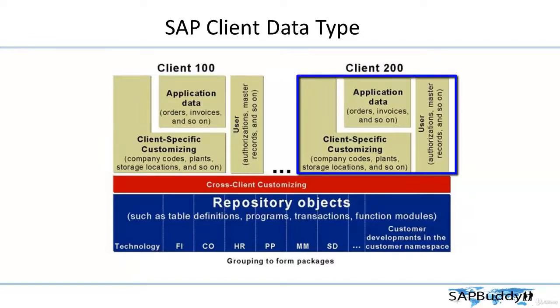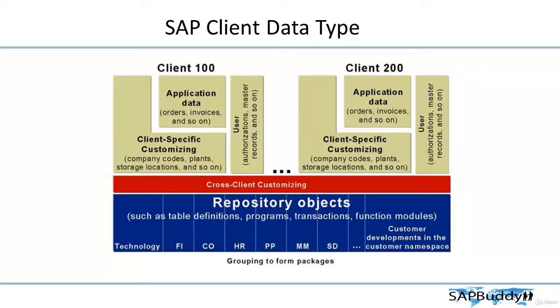It can be a company code or a plant or storage location, and things like this are called client specific data. Then the user data, meaning user IDs and authorizations. As we saw in our previous example, when we create a user in one specific client, we cannot use the same user and password in a different client of our SAP system.